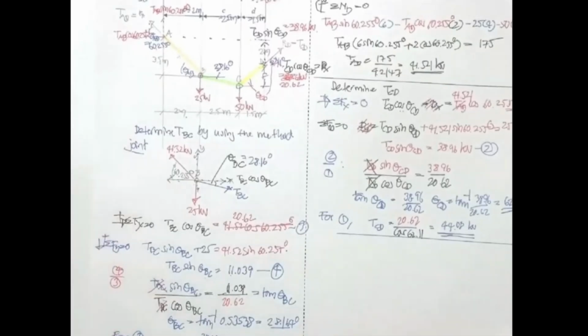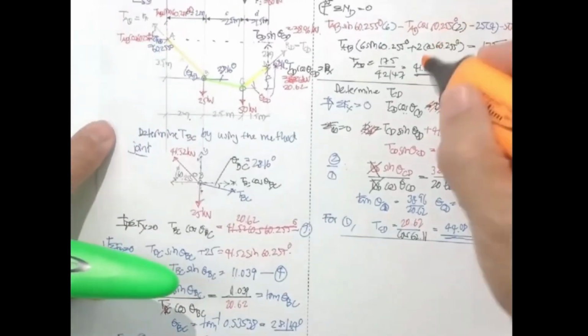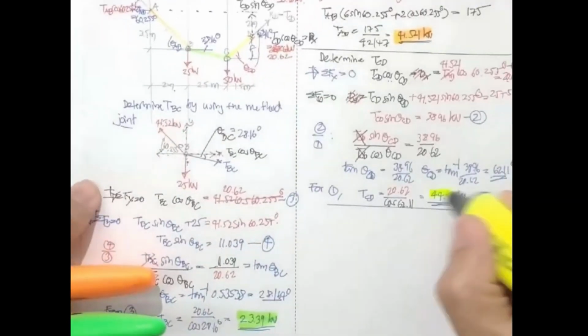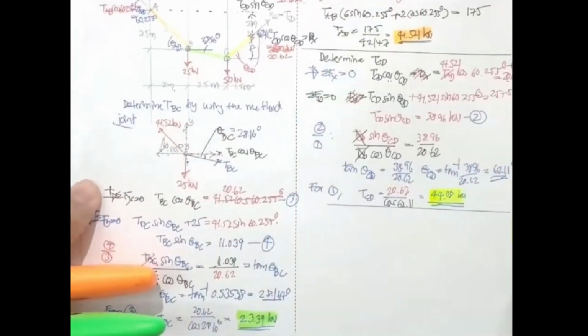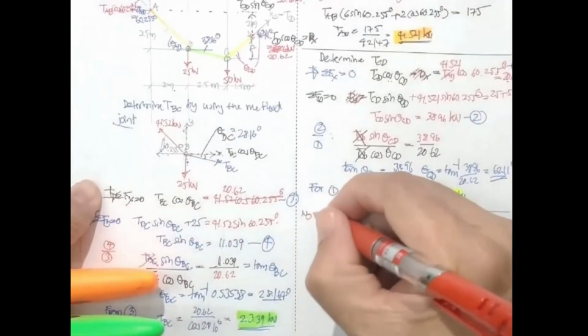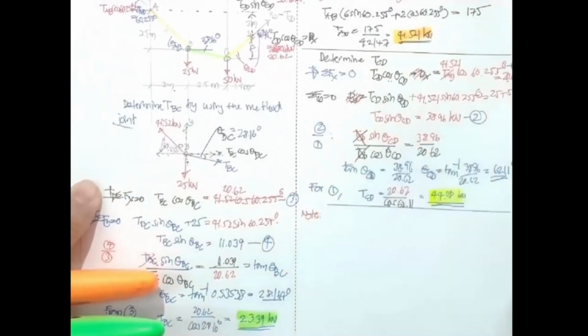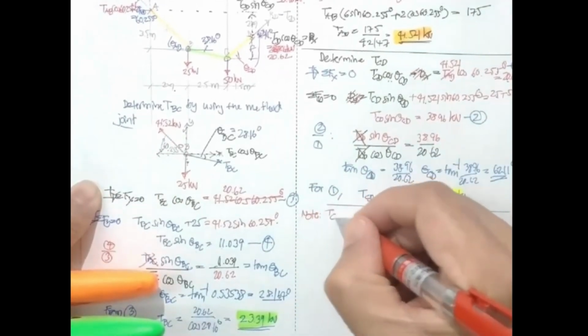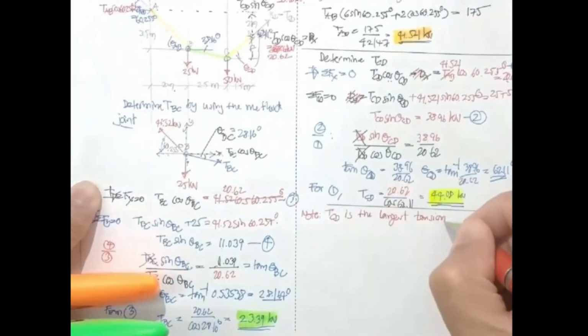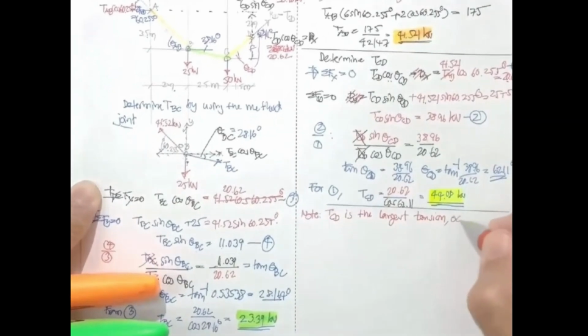Okay, then you get the result. You get T sub AB, this one, and then you get T sub CD, this one. You can see from the result which one is the largest. We should note T sub CD is the largest tension, and I should say it occurred at what?